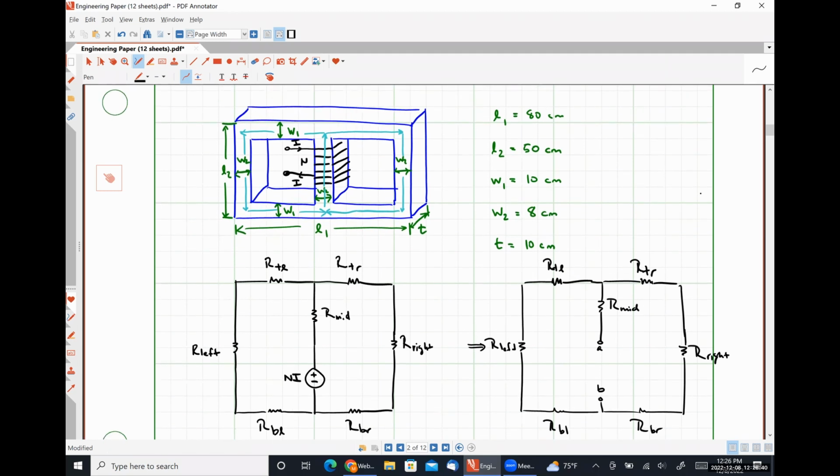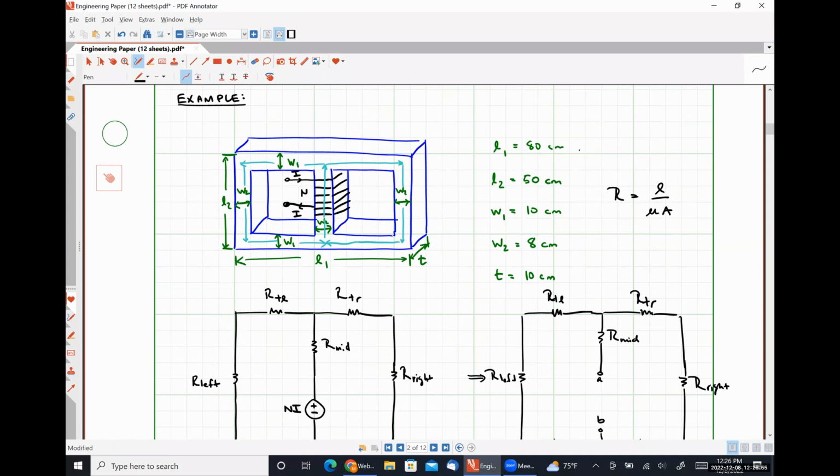Our reluctance of each one of these pieces, so in general, our reluctance is going to be given by the length divided by the permeability multiplied by the area. And that is one thing that I did not tell you guys, so I'll go ahead and put that in right now. Sorry, I forgot to do it. The permeability of the core, which is required for us to know, is going to be 5,000 times stronger than the permeability of free space. Okay.